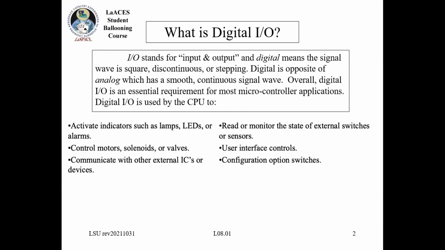So, like I said, I/O, which is what you will pretty much always hear, stands for input and output. And digital means that it is either a square or a discontinuous or stepping signal, right?